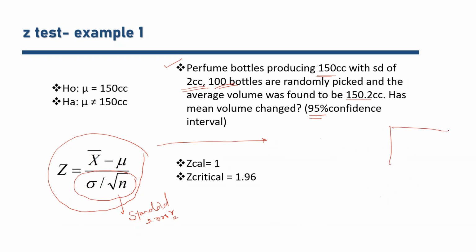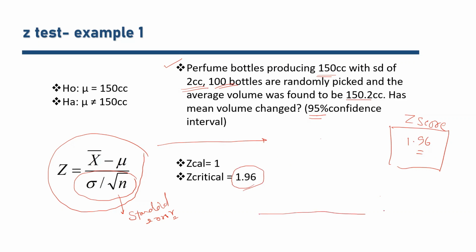I don't want to go to that chart because it is not required for our understanding. If you go to that Z score chart for 95% confidence interval, you will get a Z critical value of 1.96.